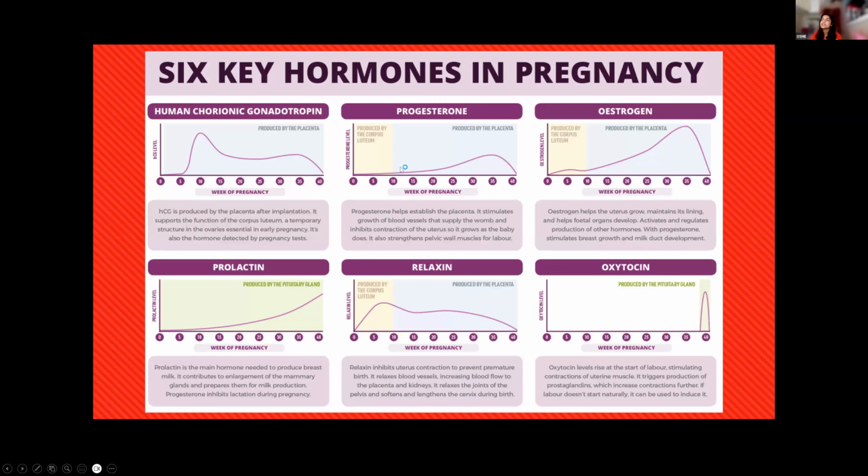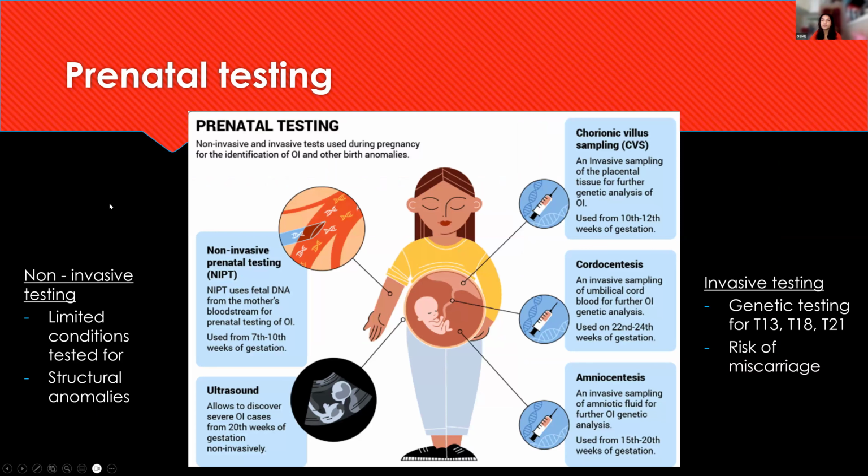And then you can see how the concentrations vary as gestation progresses. And I think this is a really good diagram because it says where it's produced from. If anyone has any questions, feel free to ask them. But more or less, that's really what is the role of the maternal fetal placental unit.